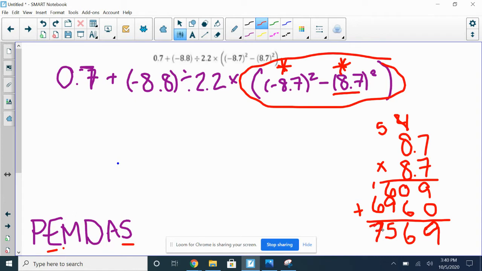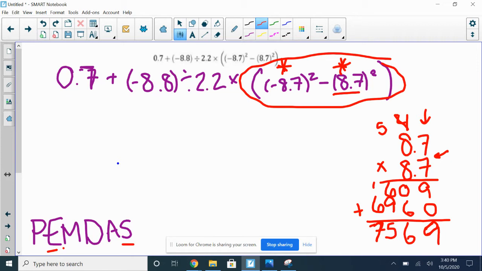So now this is another part where we have to think back to last chapter when we were multiplying decimals. And even last year we learned this, that when we are multiplying decimals, we have to start and end with the same amount of decimals. And this is where I want to point out, this is the biggest mistake I see. A lot of you want to tell me that I have one decimal here and one decimal here, and because they both only have one decimal, I should end with one decimal, and that is not the case.